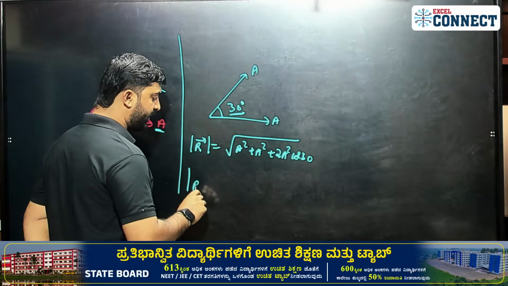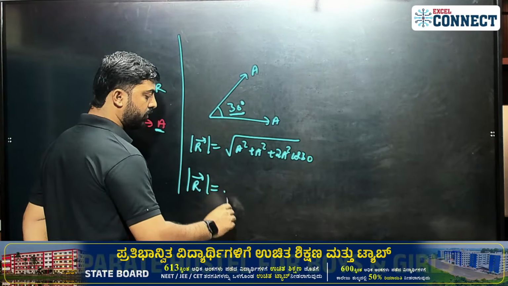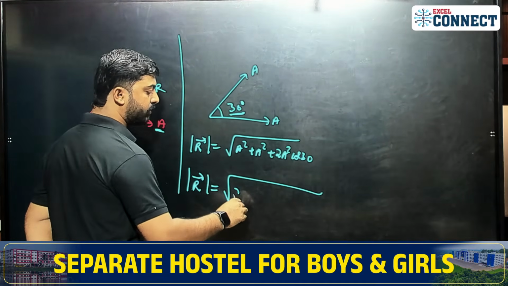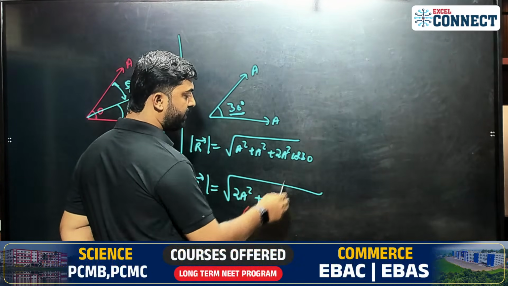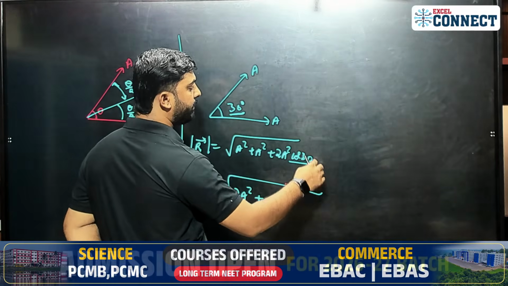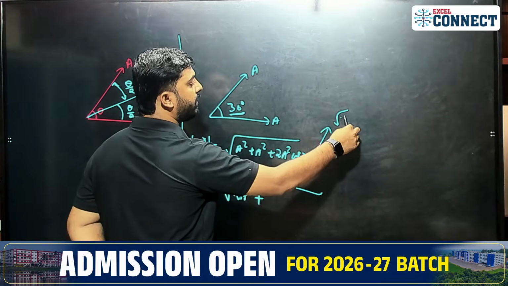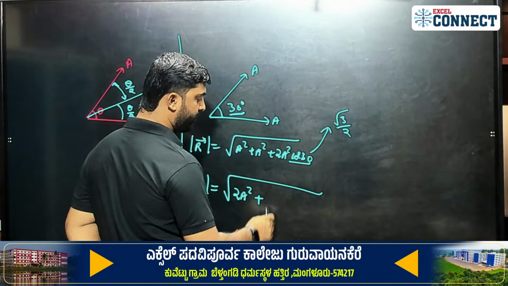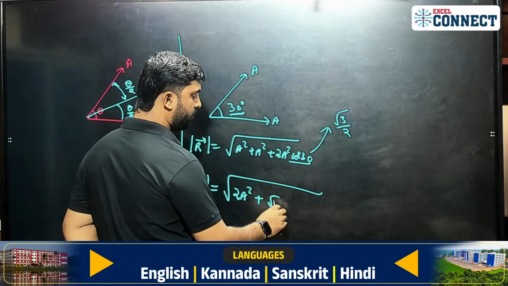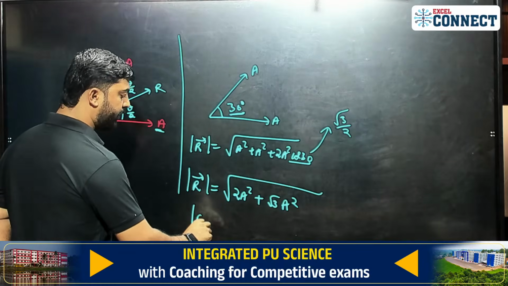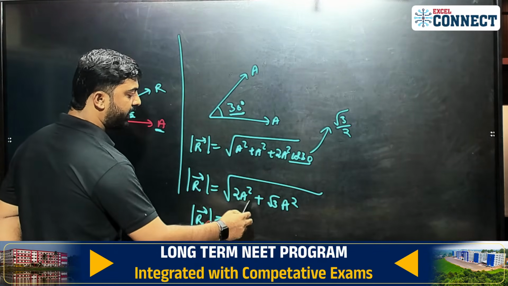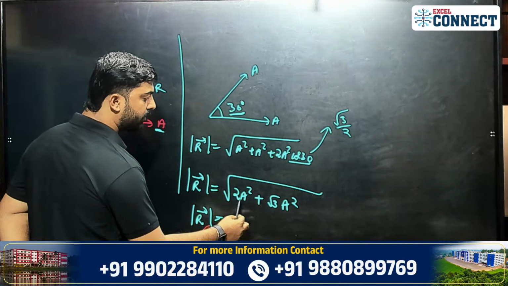On solving you will get R is equal to root of a square plus a square, it is 2a square plus, and what is the value of cos 30? Cos 30 value is root 3 by 2. So, on solving this you will get root 3 a square. So, what is the magnitude of R? Magnitude of R is, a square and a square are common here.